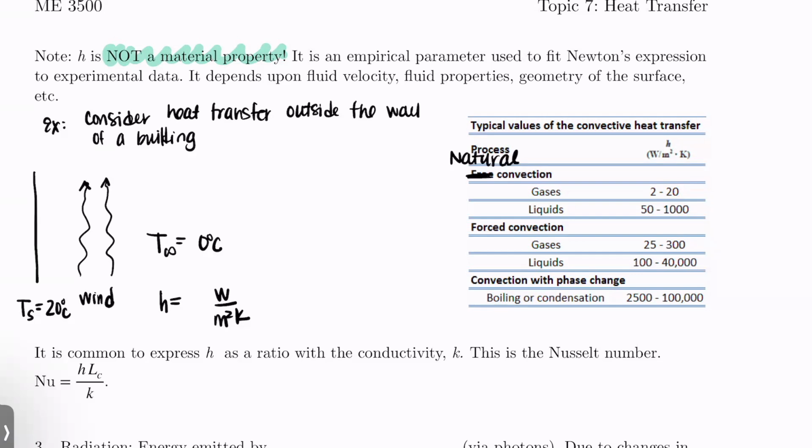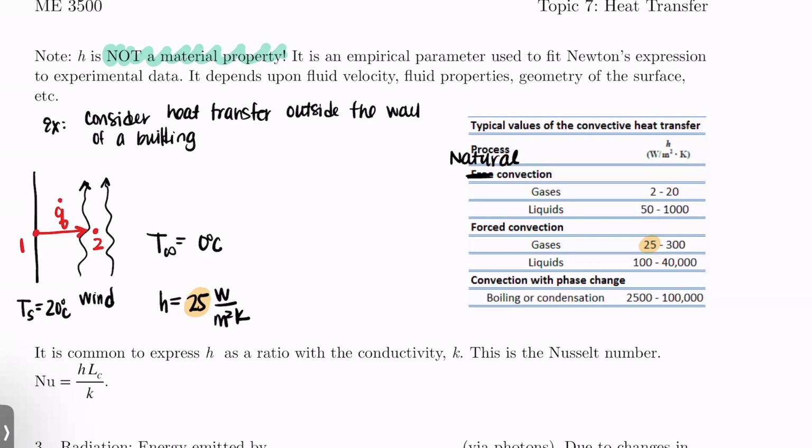So let's pick 25. Okay. And we want to find the heat transfer flux, so we want to find Q dot. And we're going to call the wall point 1, and the faraway air is going to be point 2.